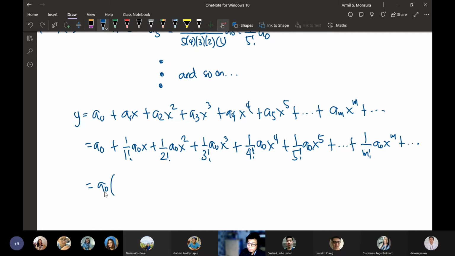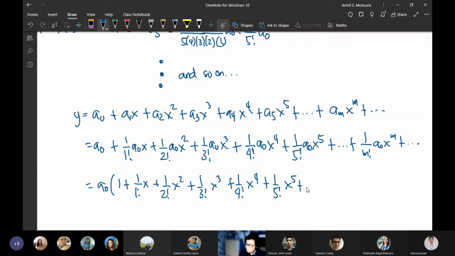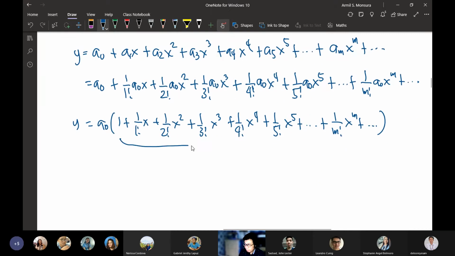The common factor is a0. So the other factor is 1 plus 1 over 1 factorial x, plus 1 over 2 factorial x squared plus 1 over 3 factorial x cubed plus 1 over 4 factorial times x raised to 4 plus 1 over 5 factorial times x raised to 5 and so on. So still, this is 1 over m factorial times x raised to m. Okay? That is your y. Ngayon, tignan nyo mabuti ito, this power series.